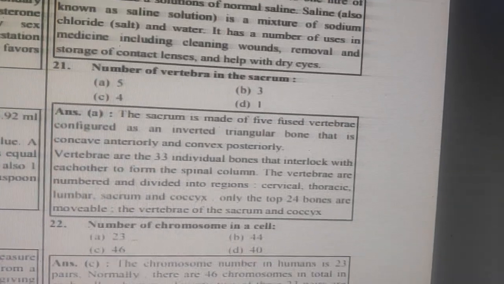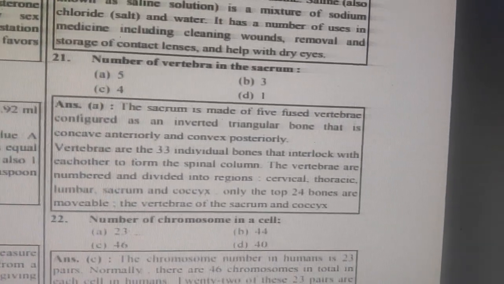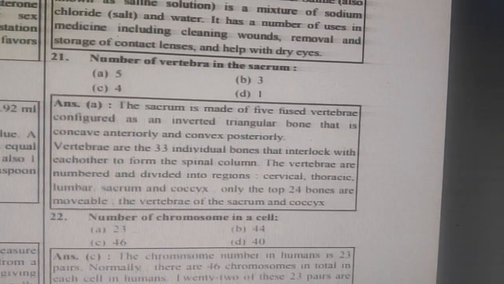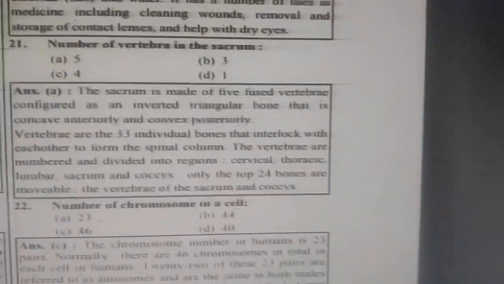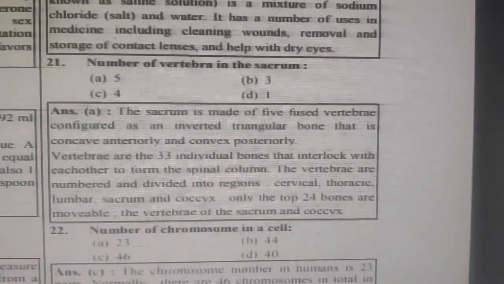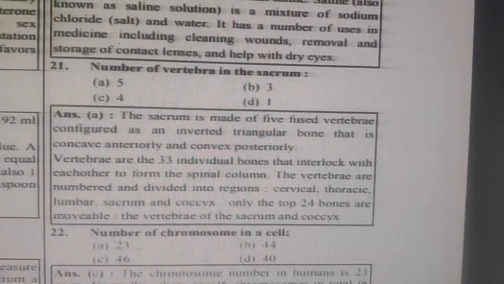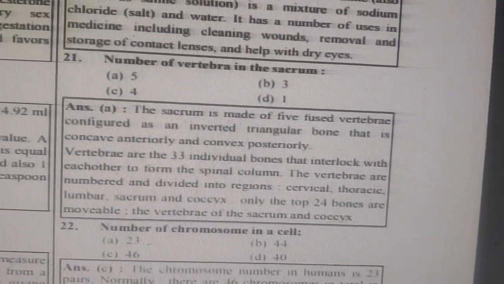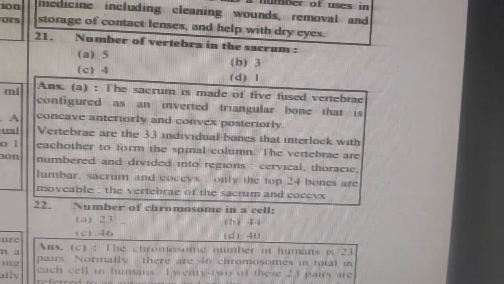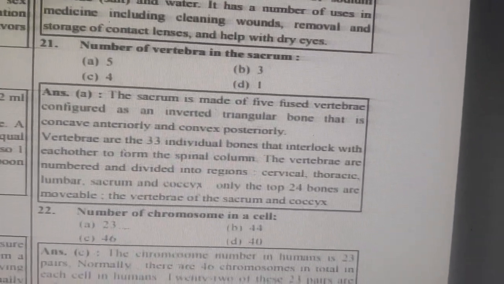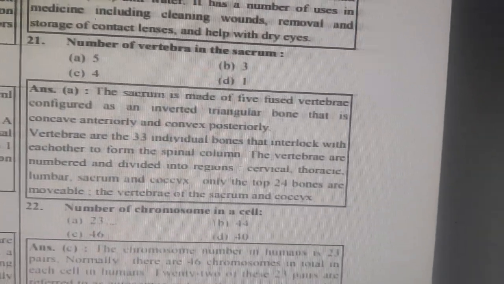The vertebrae are numbered and divided into regions: cervical, thoracic, lumbar, sacrum and coccyx. Only the top 24 bones are movable. The rest are the sacrum and coccyx.